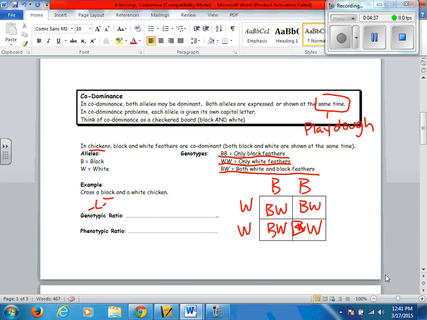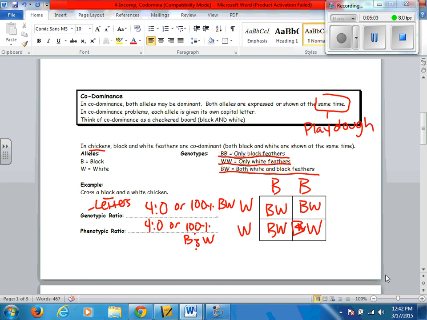Again the ratios are going to be the same. For the genotypic ratio, we're looking at the letter combinations, and all 4 of them are BW, 0 everything else, or you could say 100% heterozygous or 100% BW. And the phenotypic ratios are going to be exactly the same. They're all going to be 4 to 0 or 100% black and white chickens.